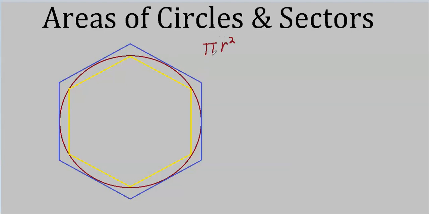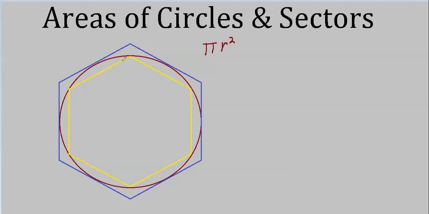Why would that be? Well, here I've inscribed, this is a hexagon. More importantly, it's a polygon with n sides. In this case, 6. And here's the same. And they're both regular polygons. That makes it a lot easier. This is the circle inscribed in the larger polygon, and the smaller polygon is inscribed inside the circle. Now you can see that this polygon has an area much smaller than the circle.